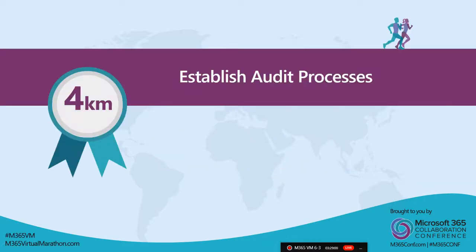So the next 1-kilometer run, we need to finish with the topic about establishing the audit process, right? This is a very important topic because that is what is actually nurturing your whole Power Platform.